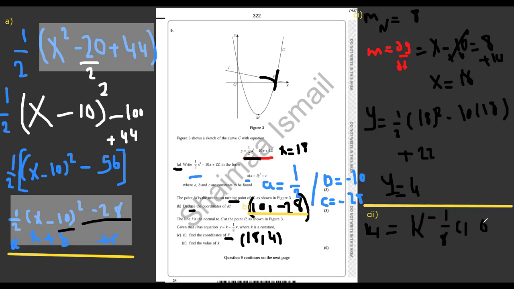I just substitute in the equation y with 4 and x is 18 and get the value of K, 25 over 4. Okay, so we did C and B, and make sure that you solve all your questions. Let's see the next.